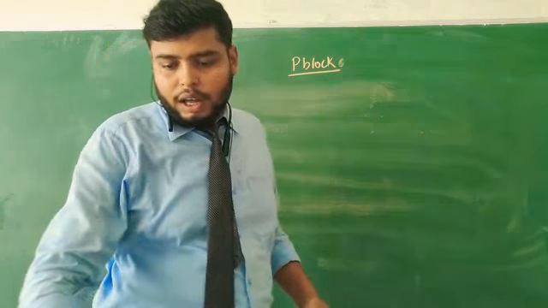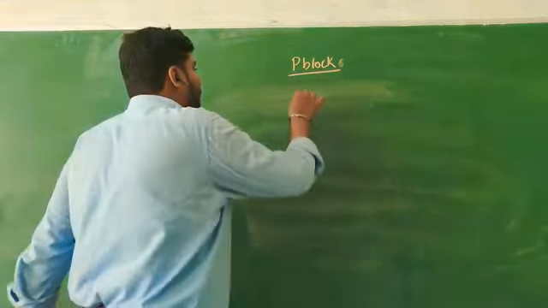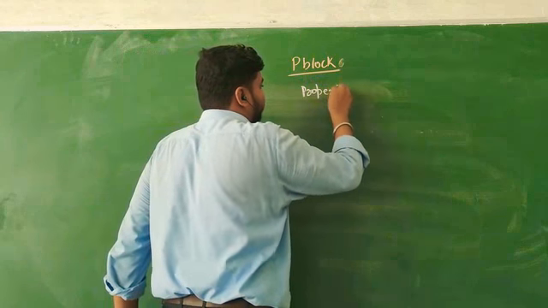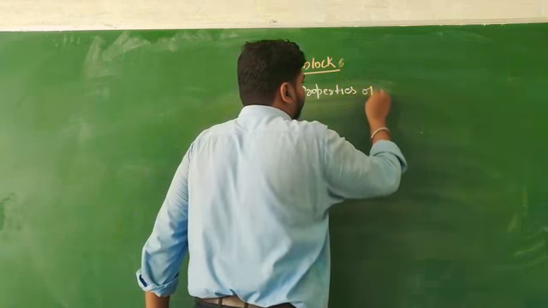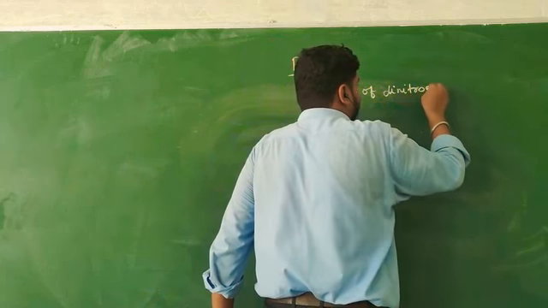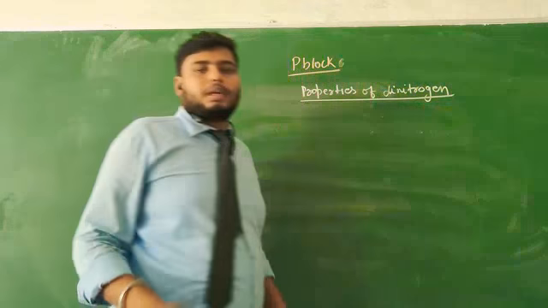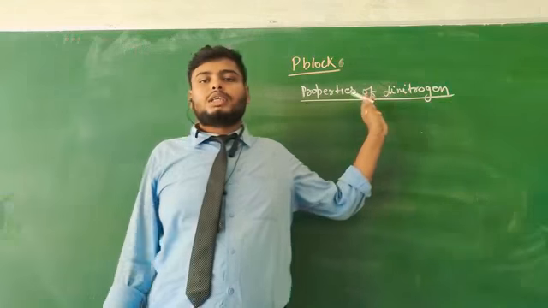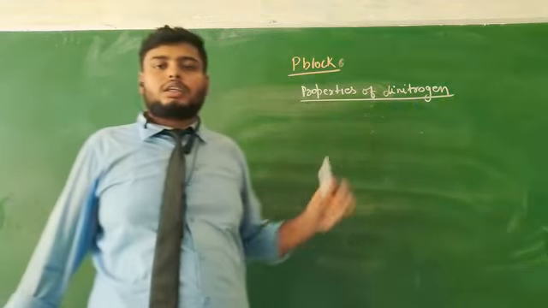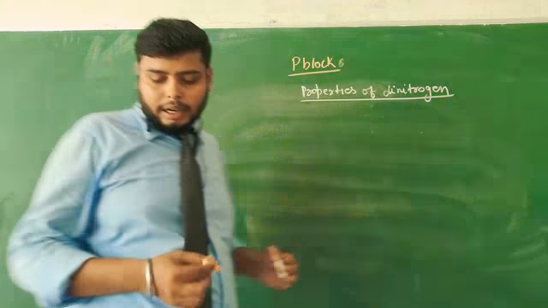After that, we study the properties of dinitrogen. What is the meaning of property? It means its physical state, its chemical state, its color, its odor.